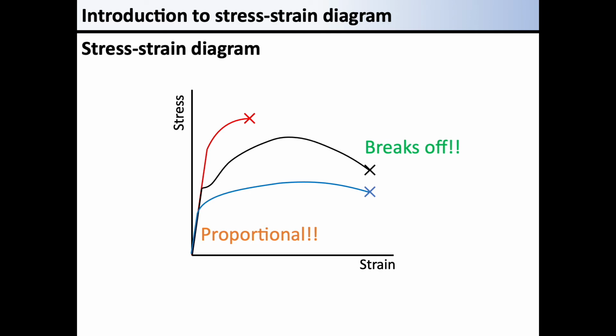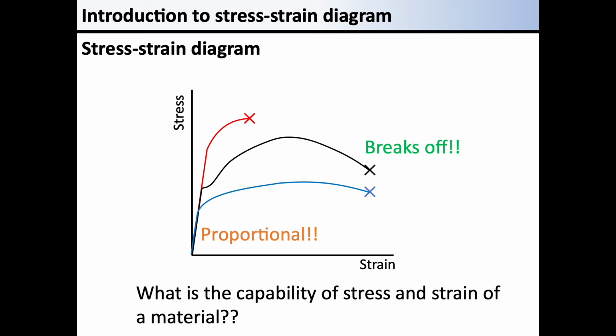However, as the magnitude of stress increases, the relationship collapses. The slope, which is Young's modulus, gradually changes, and finally, the material breaks off as shown in the diagram. This diagram is called stress-strain diagram.